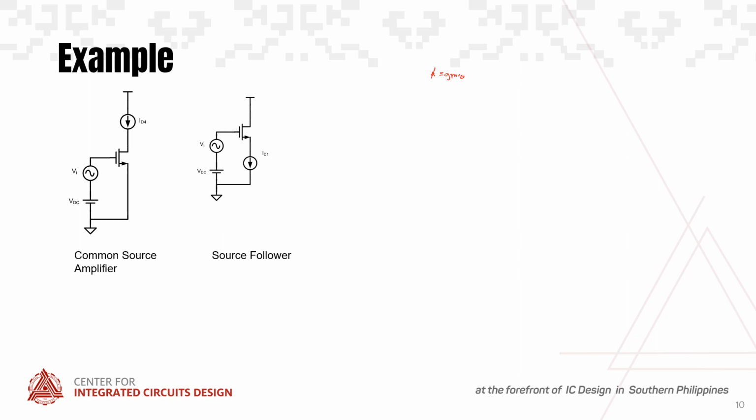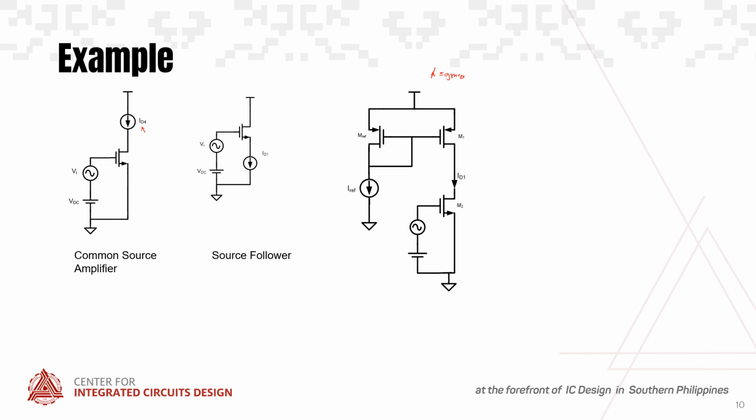In this example of a common source amplifier and source follower, as I mentioned earlier, a current mirror can be applied as a bias. So this ID4 could be replaced by a current mirror. It can also be applied in a source follower, but if we apply that current mirror in a common source, the gain will no longer be gm rout.